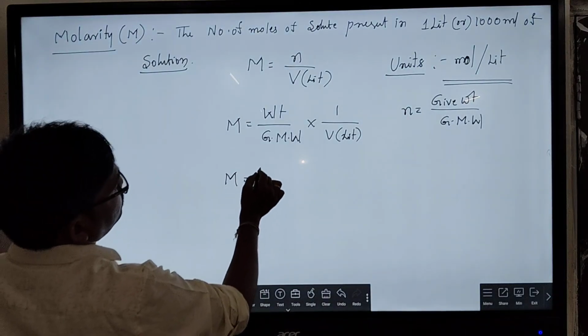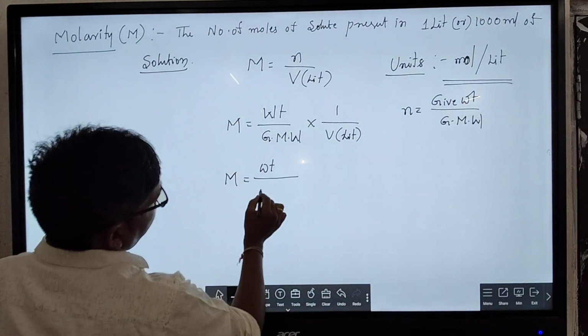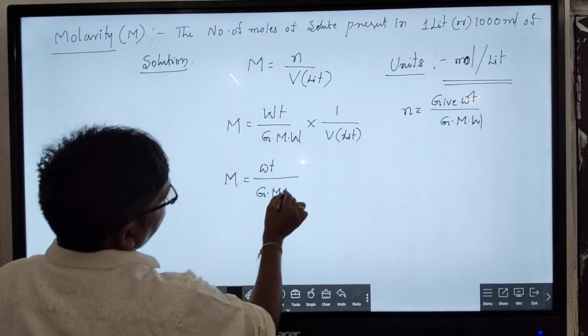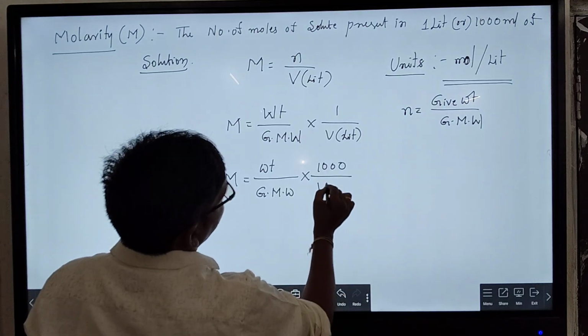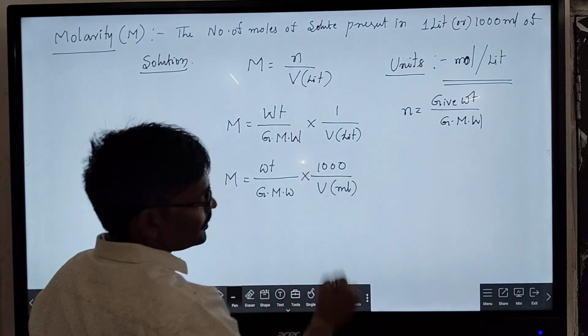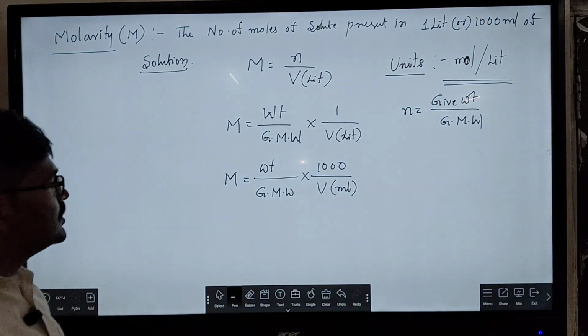One more formula: given weight divided by gram molecular weight, if the volume is in milliliters, into 1000 divided by volume in milliliters.